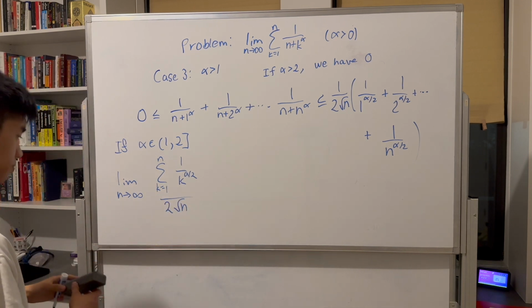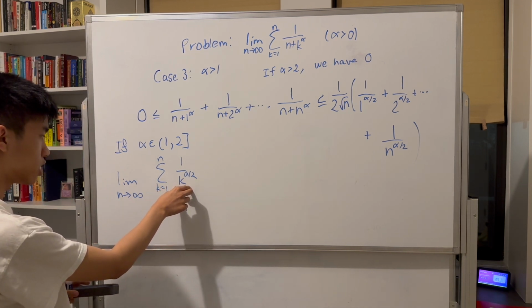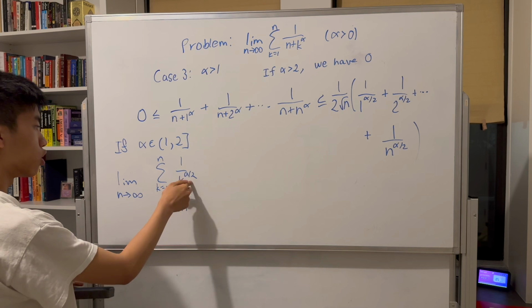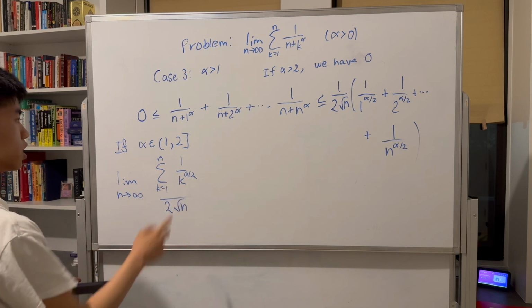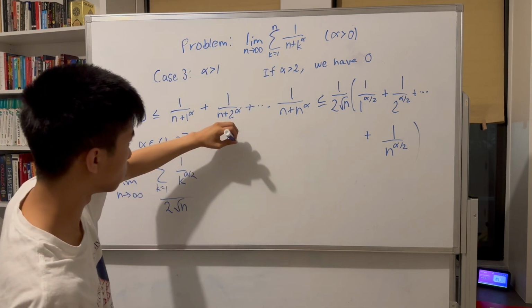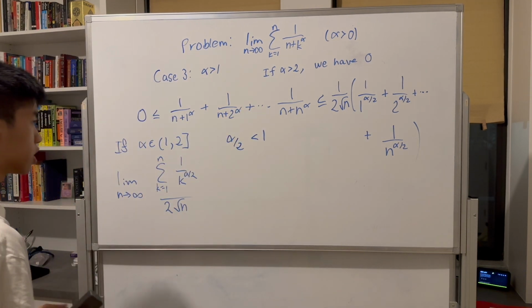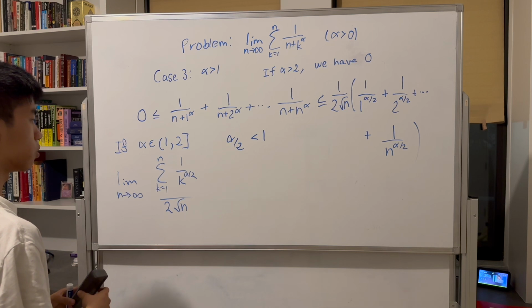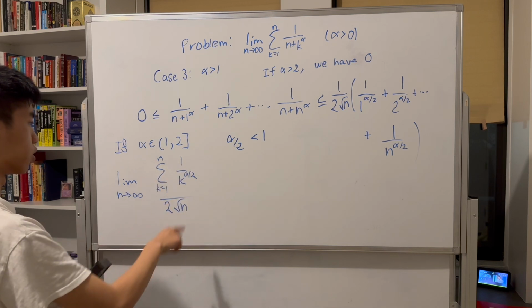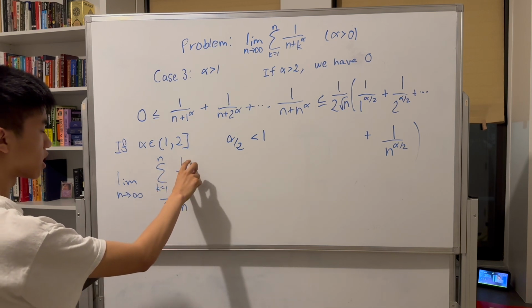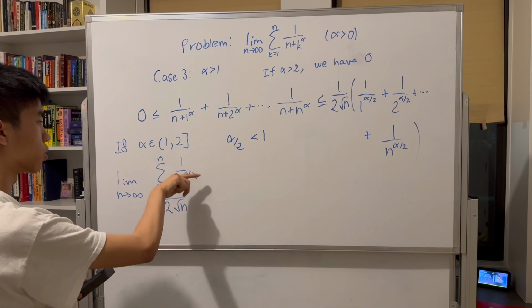But the thing is, now the p-series test will show that this diverges because alpha over 2 is going to be less than 1. And because alpha over 2 is less than 1, the whole sum must diverge to infinity, since this is strictly positive.